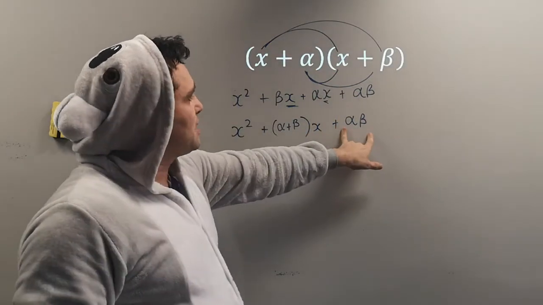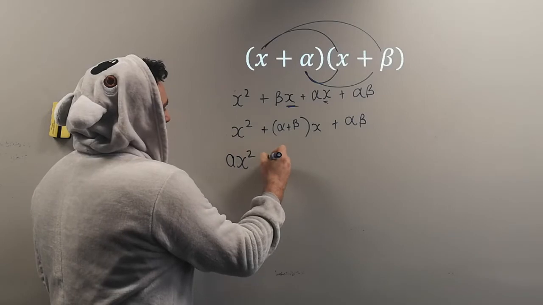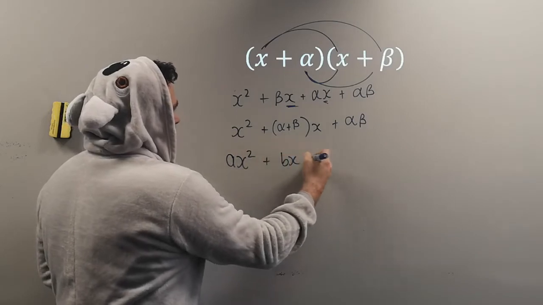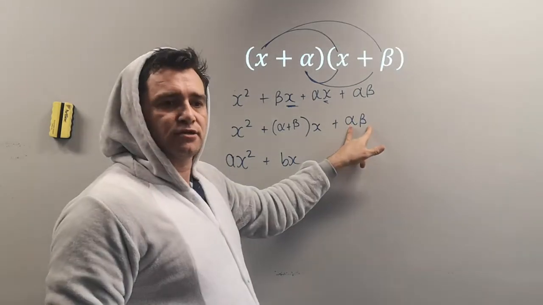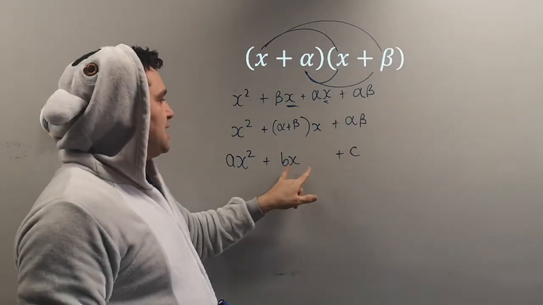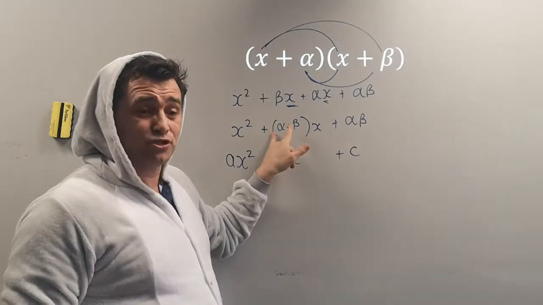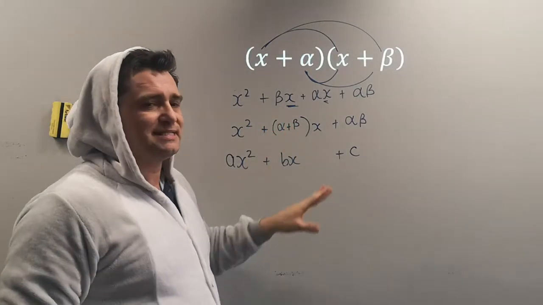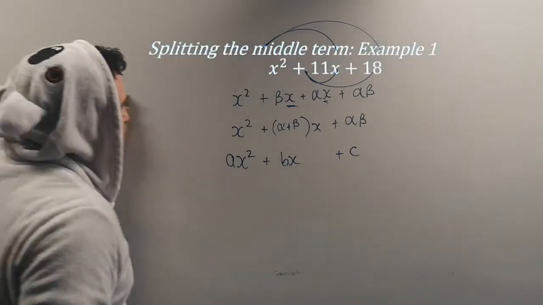So my last term, my c value, is the multiplication of two numbers. And my b value is the addition of those same two numbers. Now that may sound a little bit crazy, but watch as we get into an example of how this works.